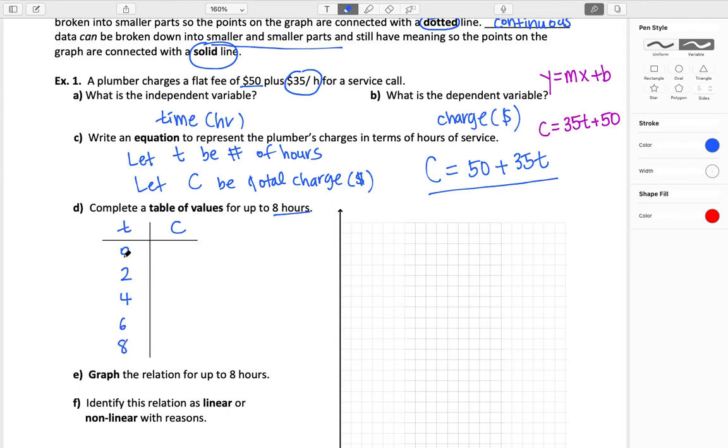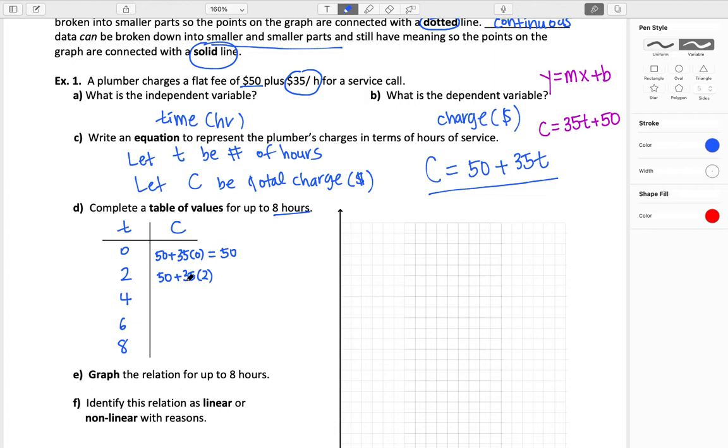So if I were to do 0 hours, what that means is I'm going to plug in 0 into t. So it's 50 plus 35 times 0, which is 50. Now if it's 2 hours, I'm going to plug in 50 plus 35 times 2.